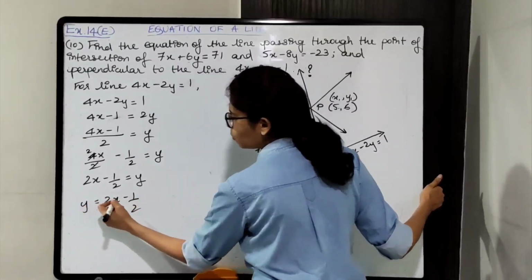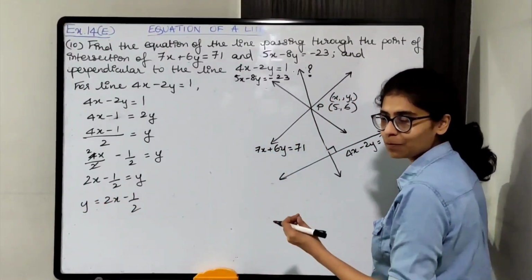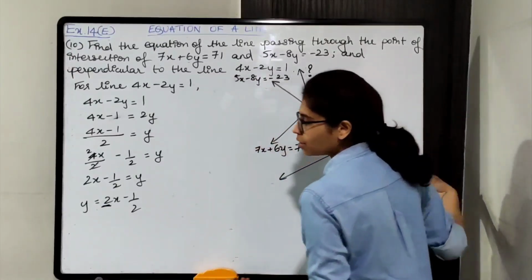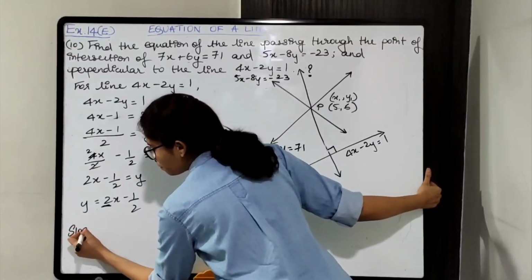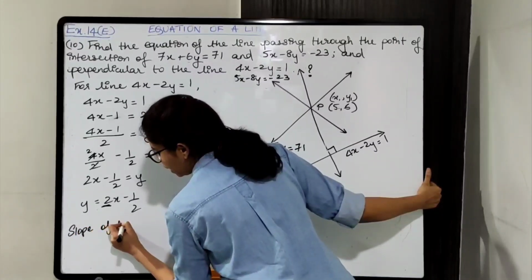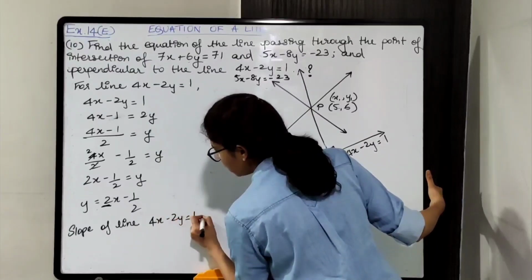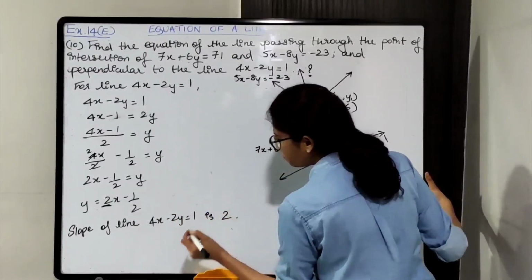Now it is in standard form, y equals to mx plus c. M, that is slope, will be 2. Okay, so the slope of line 4x minus 2y equals to 1 is 2.